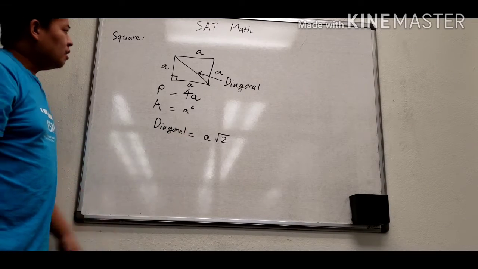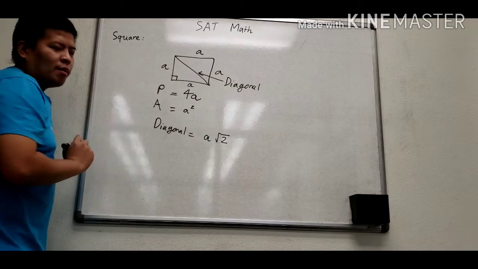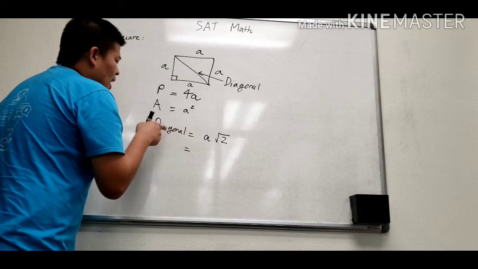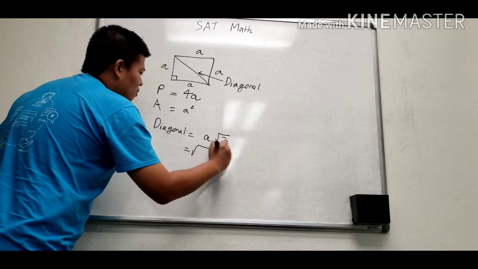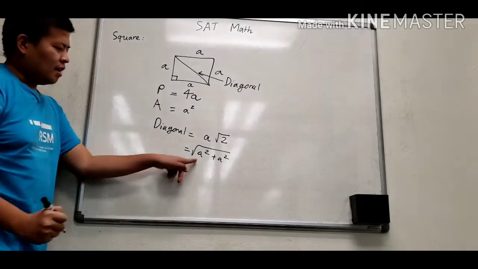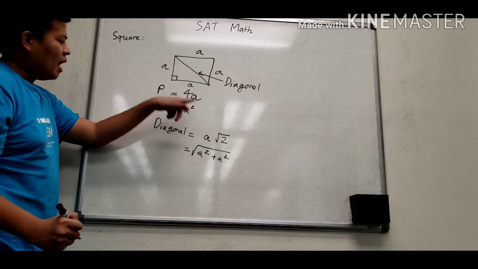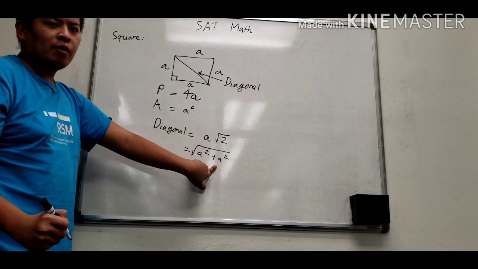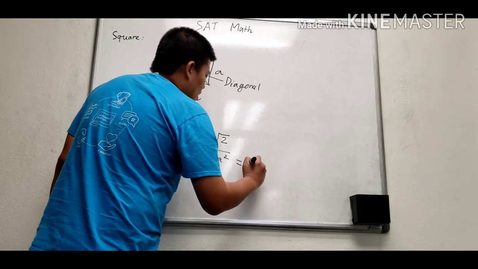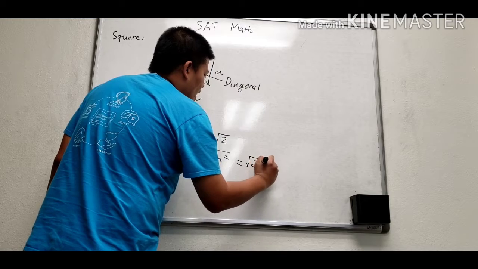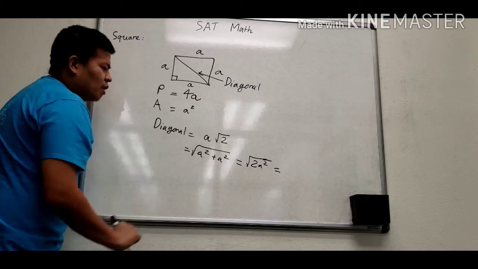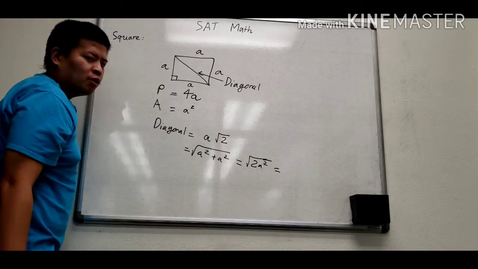Why did I get this number? Because we will use the Pythagorean theorem. The diagonal here will be the square root of a power 2 plus a power 2, and a is the side here. We have 2 sides, that's why we add a power 2 plus a power 2, and we get 2a power 2.